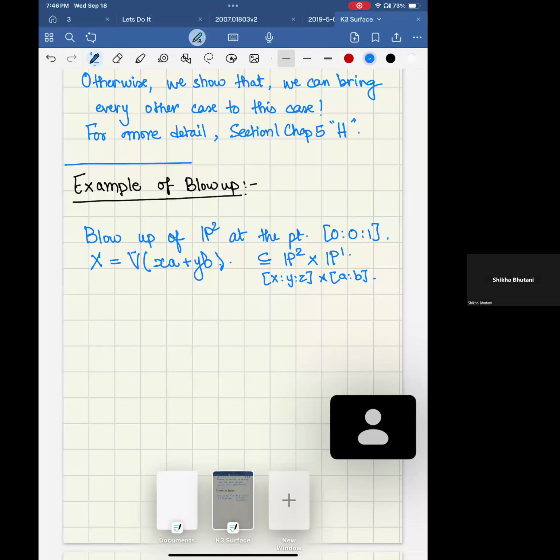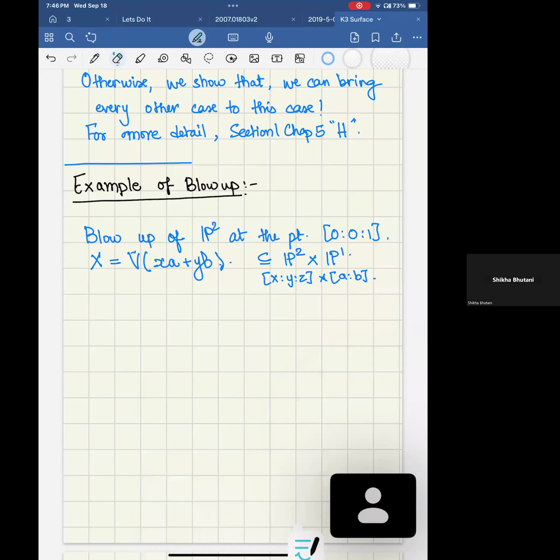Yeah, so recall how we define the blow up of P2 at the point 0, 0, 1. We take the subvariety defined by xb minus ya inside P2 cross P1.